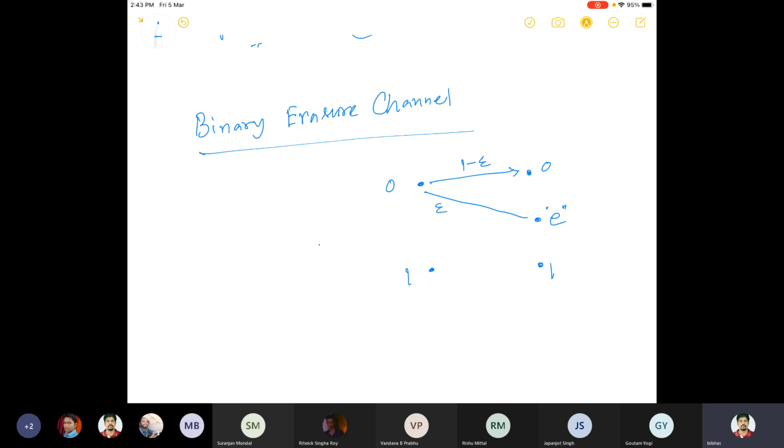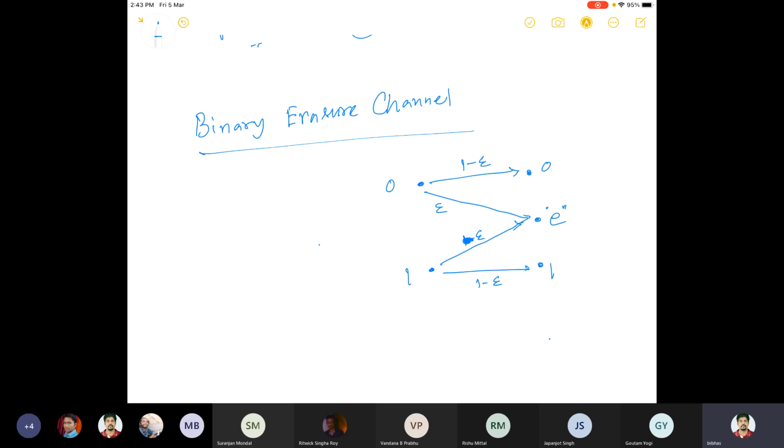And here also the same thing, 1 minus epsilon, and there is a chance that it can get erased with probability epsilon. Let us consider this channel, and this is what is called the binary eraser channel.